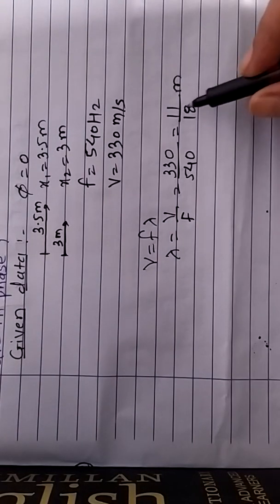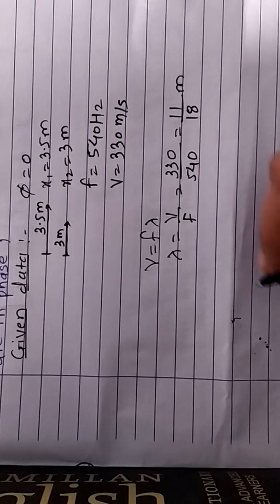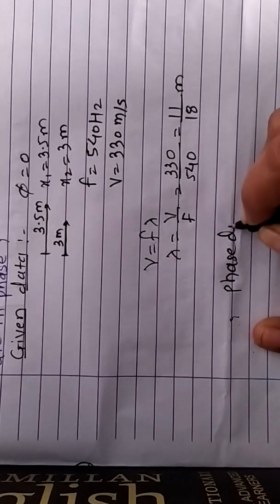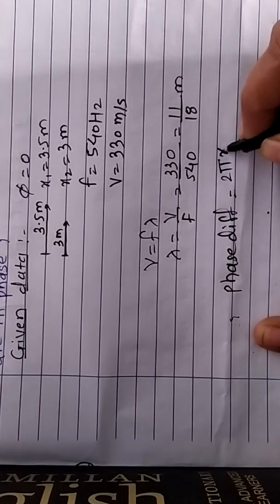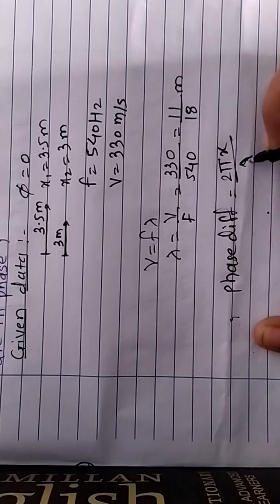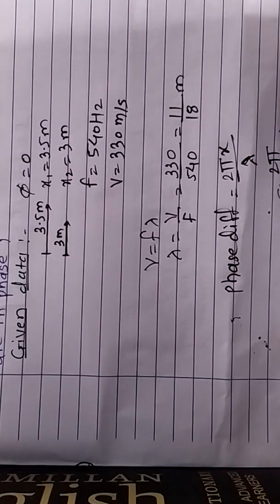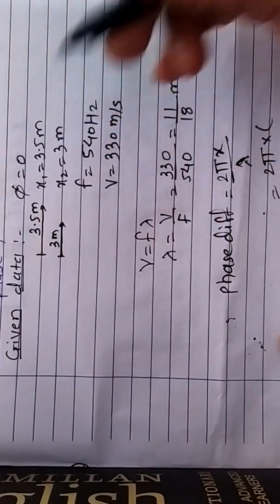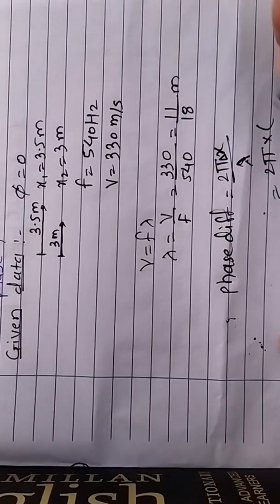Therefore, lambda is equal to 11 upon 18 and phase difference is equal to 2 pi x upon lambda. Here x means the path difference between the two sources, considered as delta x.